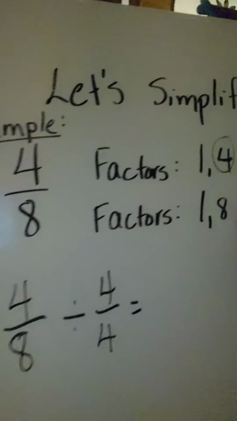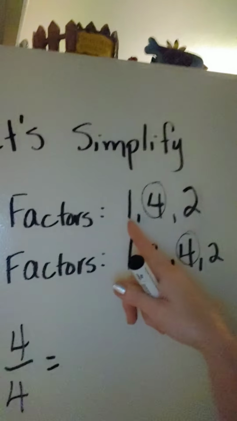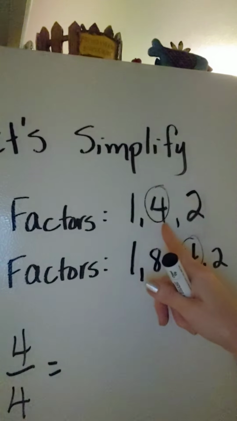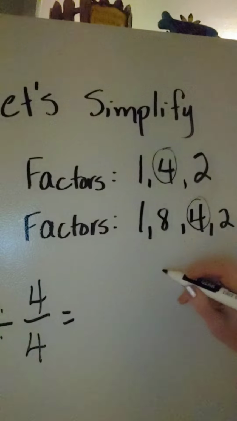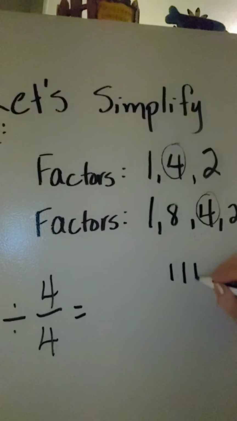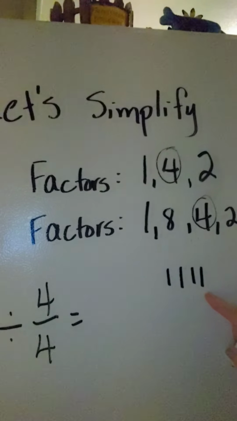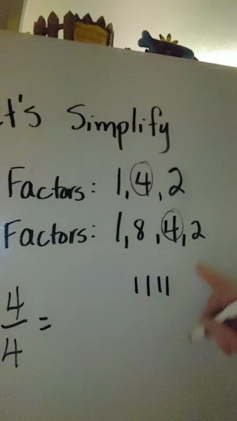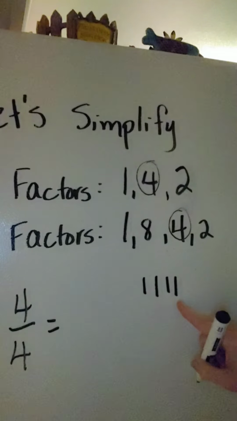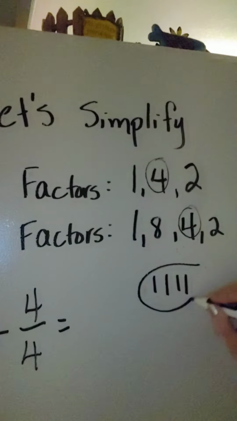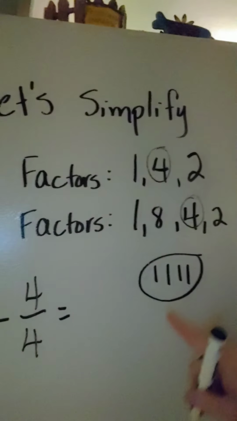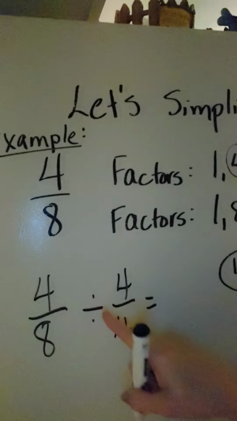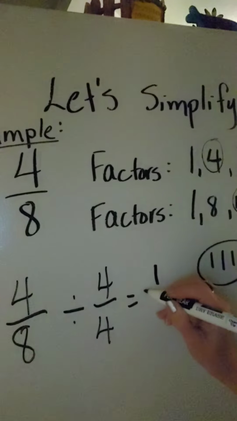Well, our factors already tell us. We know that one group of 4, or 1 times 4, is 4. So if I have these 4 marks, 1, 2, 3, 4, that represent the number 4, and I group it into a group of 4, I only have one group. 4 divided by 4 is 1.